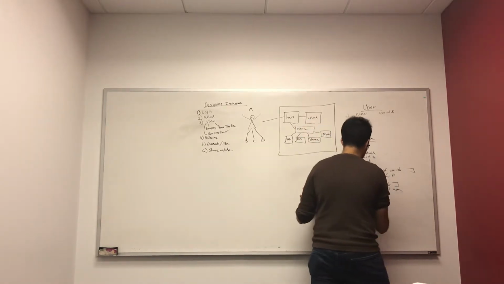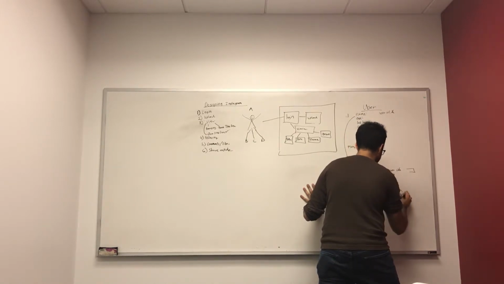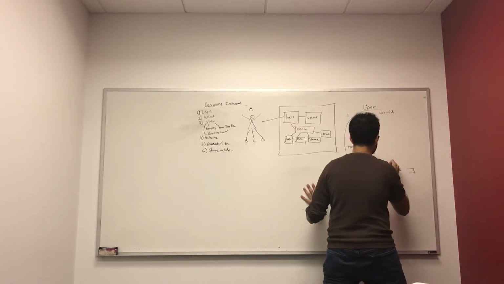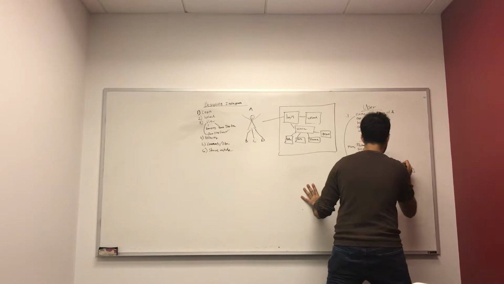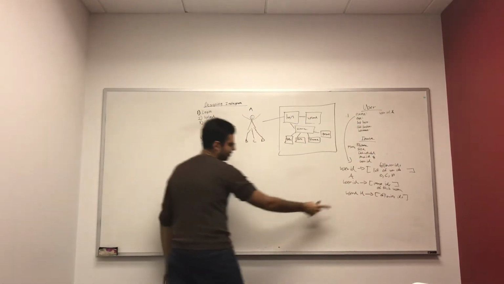So this would be user ID, and this is following IDs. This could be follower IDs. So we can maintain our difference this way.